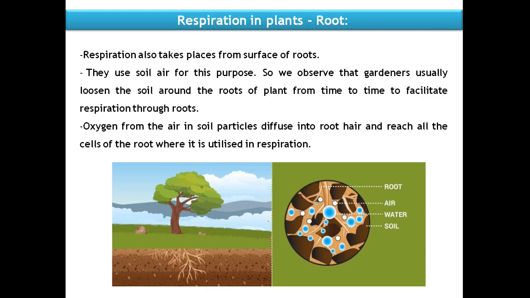So, the oxygen in the soil particles diffuses into the root hair and reaches all the cells of the roots where it is utilized in respiration. To facilitate air in between soil particles, our farmers plough the field before sowing the seeds, and we often see our gardeners make soil loose by digging around the stems of the growing plants, so as to provide more oxygen to the plants.